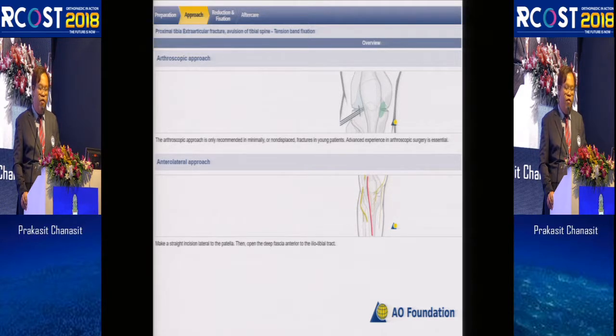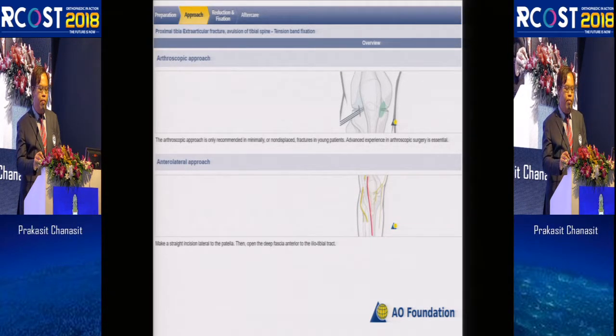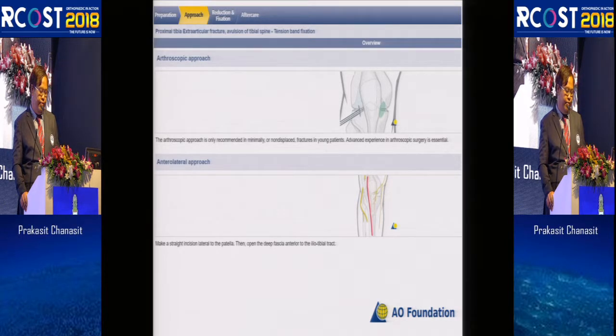And also in the AO Foundation, even though you all know that AO has preferred the open surgery, they still recommend the arthroscopic approach on their website. But for the open approach, they use the anterolateral approach of the knee.